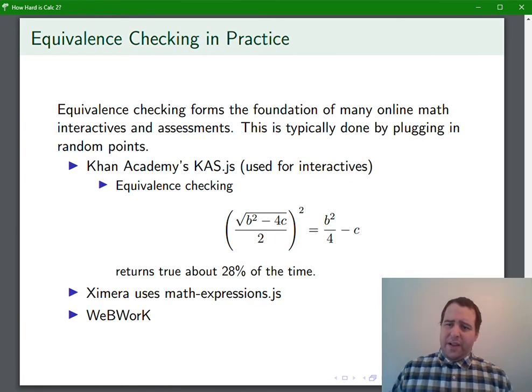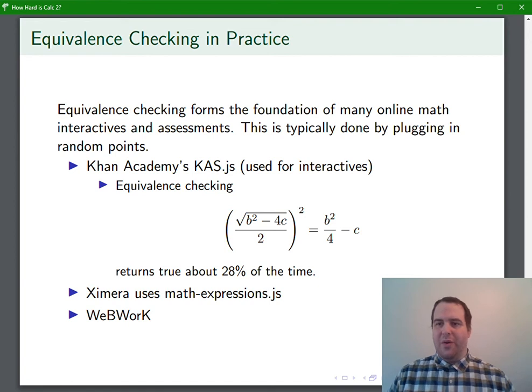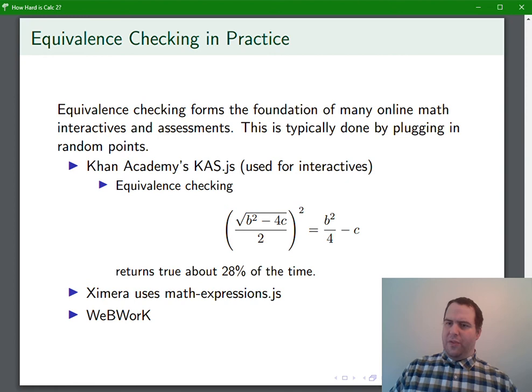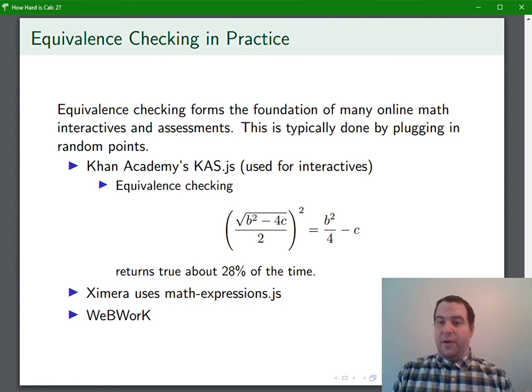I also want to quickly mention equivalence checking in practice, right? So I said that this was undecidable, but if you're taking a math course or if you have taught a math course recently, you're probably familiar with online homework systems that require students to enter formulas. And you say, well, hold on, didn't you just say that it was undecidable to check to see whether one formula was equivalent to another formula?